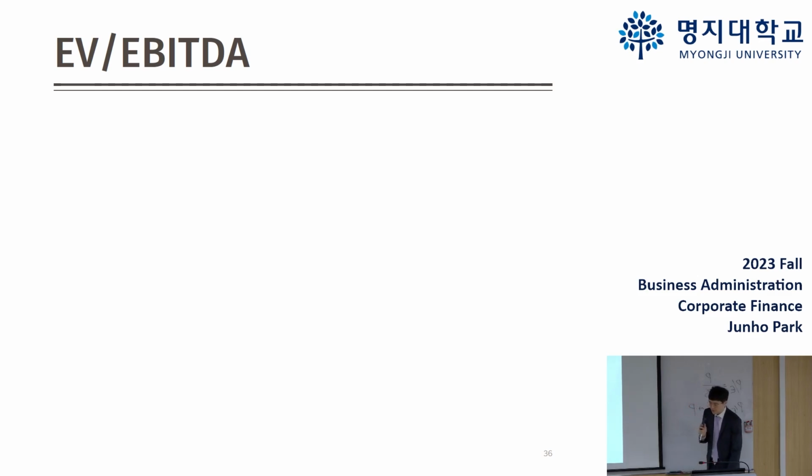So using this kind of relative valuation is very easy compared to the DCF valuation, and that's why relative valuation is very popular among investors. And let me talk about the second frequently used financial ratio, which is EV/EBITDA.